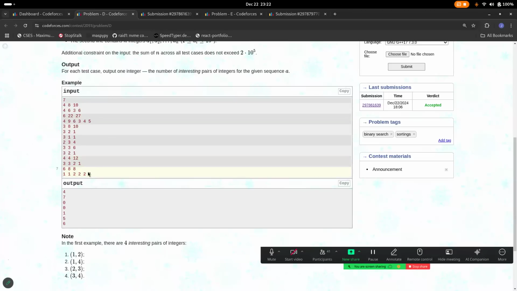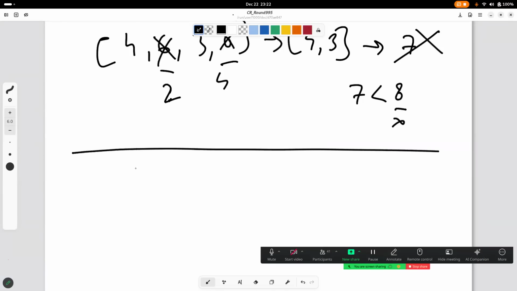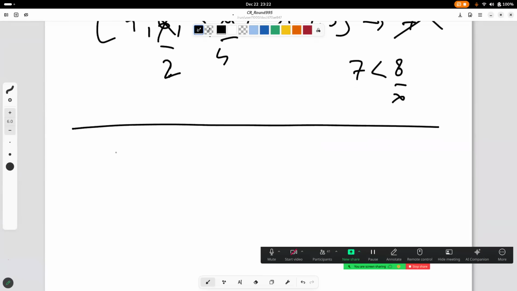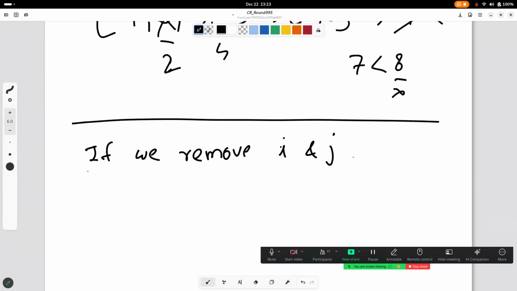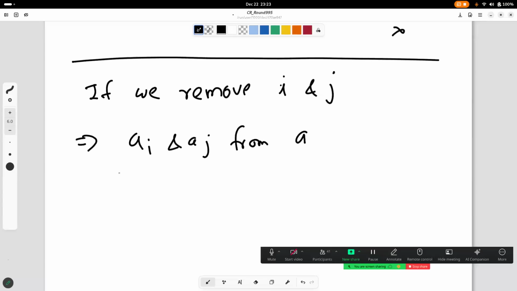For the rest of the 6, it's very similar. Now, before going over them, let's see how we can reduce this problem. Consider if we remove i and j. Basically, that corresponds to removing a of i and a of j from a. Now, what would be the sum of a after the removal?